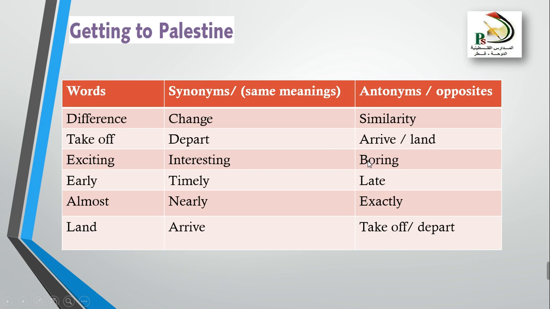Interesting, and the opposite is boring. Early, the synonym is timely, and the antonym is late, while almost, the synonym is nearly, while the antonym is exactly. Land, the synonym is arrive, and the antonyms are take off or depart.